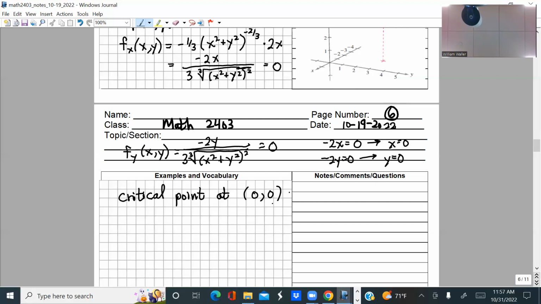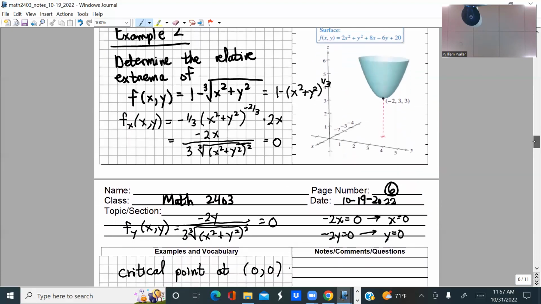Now I wonder, so I have a candidate critical point for two reasons. Is this a maximum or is this a minimum? By the way, 0, 0 is part of the domain of the original function.